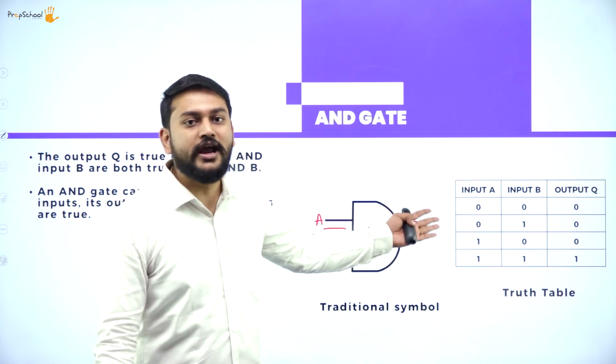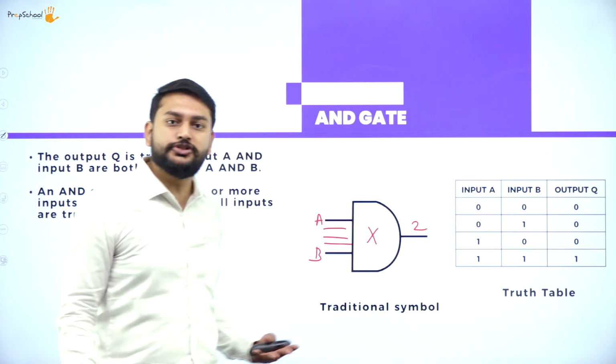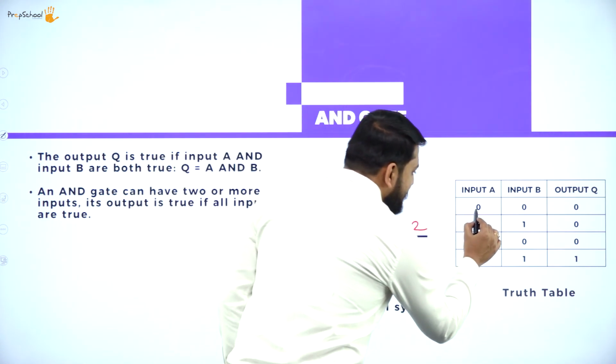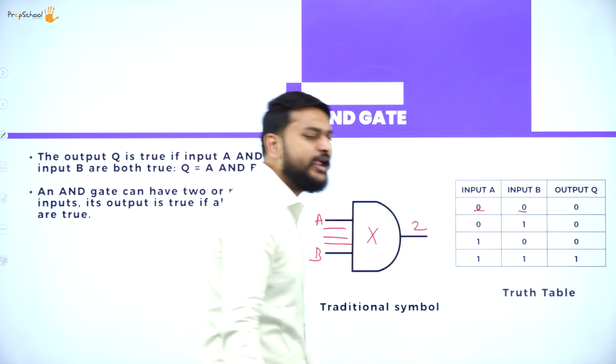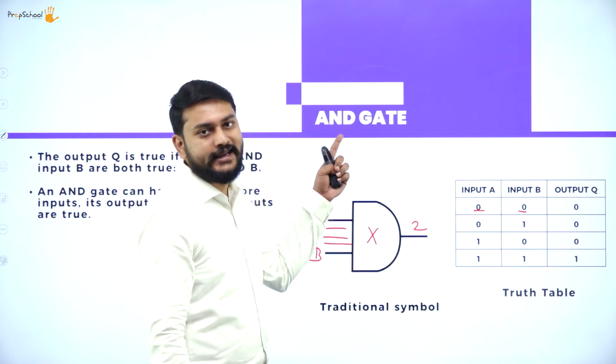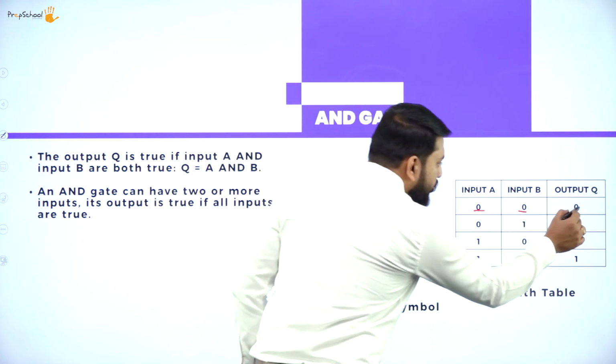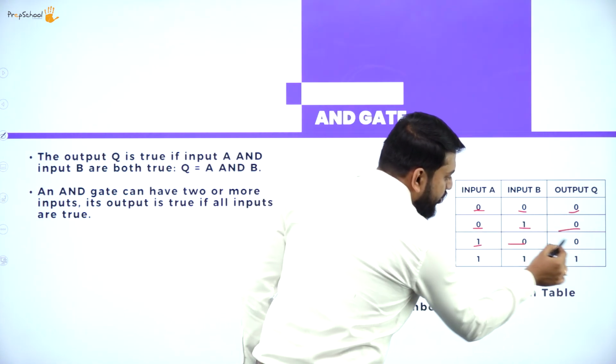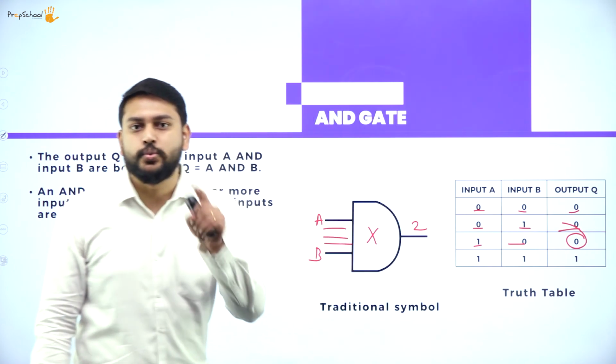You all know how to write the truth table for 2 inputs, which we have already discussed in the beginning of the session. So please understand 0 into 0. Why into, sir? Because this is the AND gate. 0 into 0 is 0, 0 into 1 is 0 again, 1 into 0 is 0, 1 into 1 is 1.